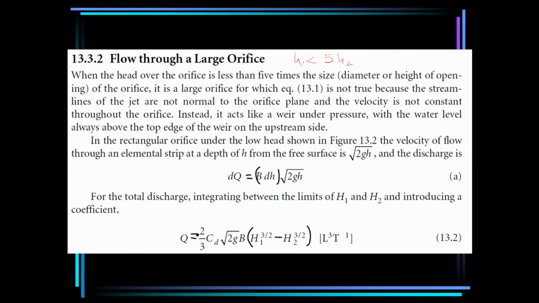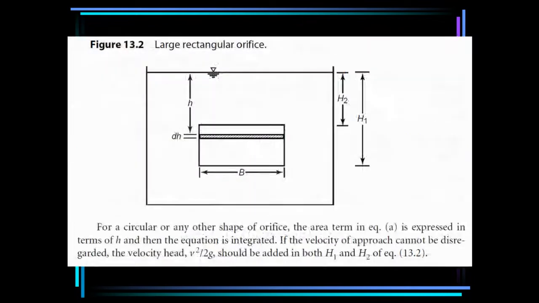Now, in the rectangular orifice under the low head shown in this figure, the width is B. This is H1, from the bottom of the orifice to the top of the water. This is H2, from the top of the orifice to the top of the water level.